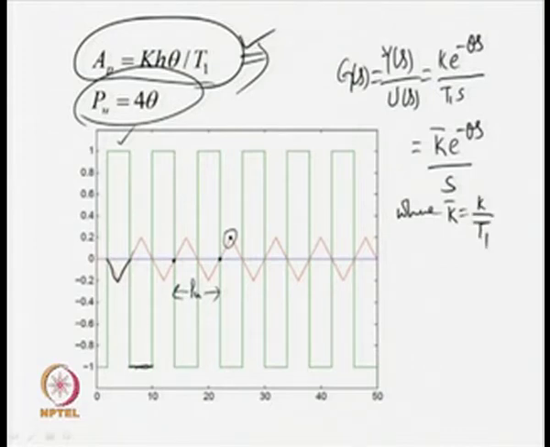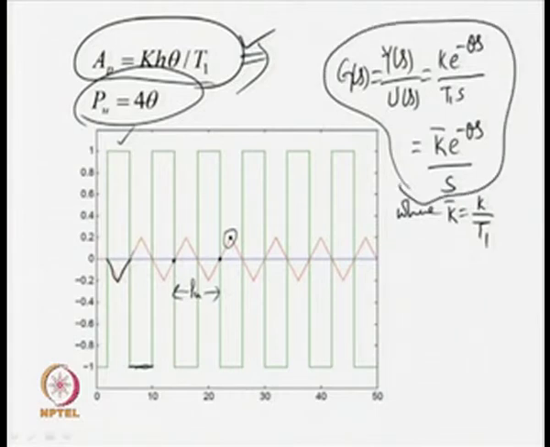So, basically the integrating system model has got two unknowns, and the two unknowns are k bar and theta. The two unknowns k bar and theta can be estimated using this relationship.